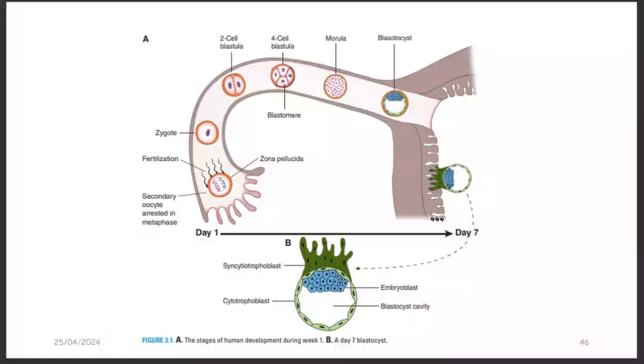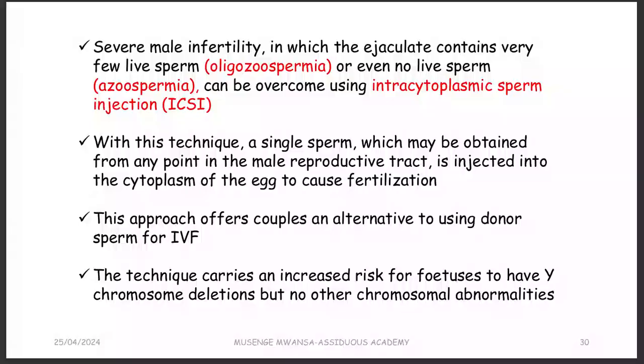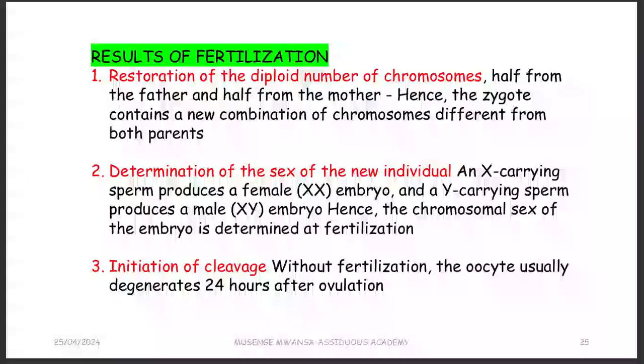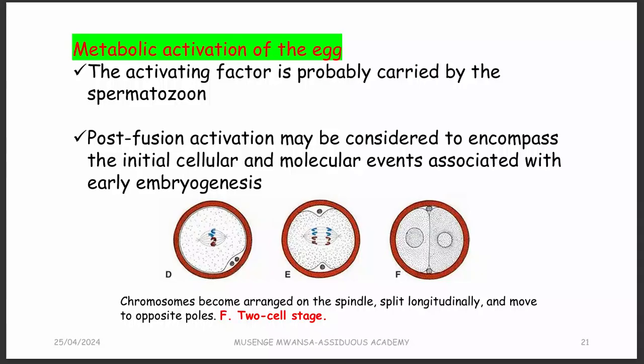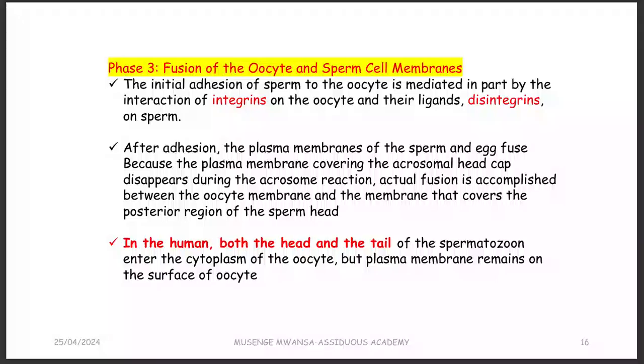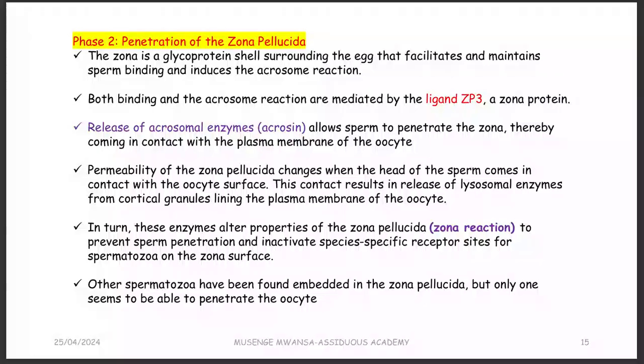So we are done with the class. I just want to mention one thing within a minute. You need to know the difference between the zonal reaction and the acrosomal reaction. Okay, remember we're talking about acrosomal reaction and zonal reaction.